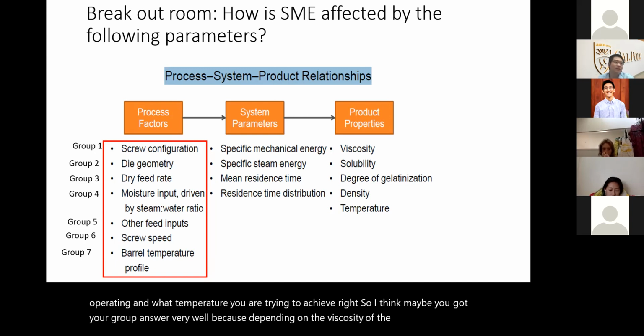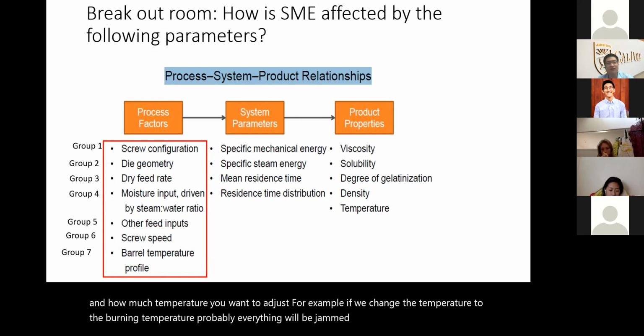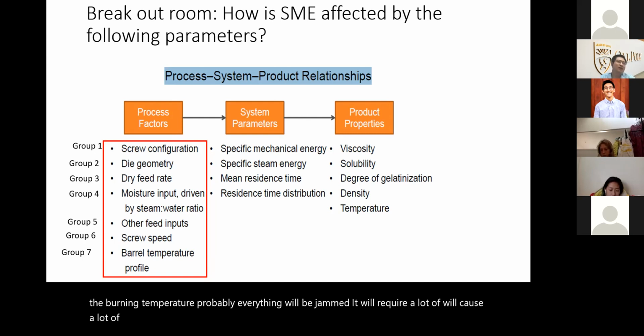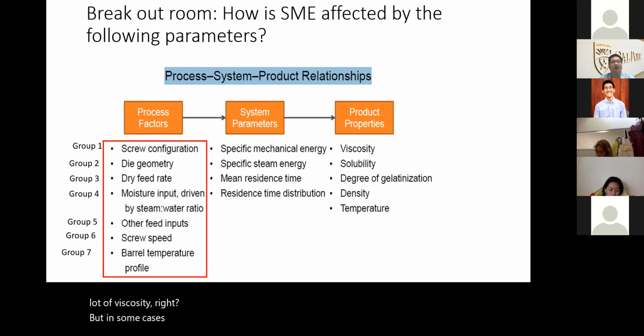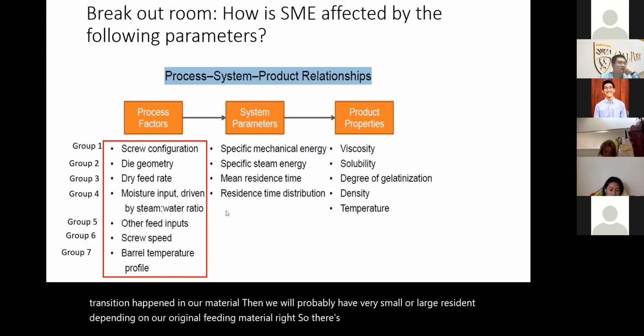It will cause a lot of viscosity, right? But in some cases, if our barrel temperature is very low, then there's no phase transition in our material, and we'll probably have very small or large resistance depending on our original feeding material, right? So there's no direct answer to this question. Okay, so good job, guys. I think that's a very good discussion.